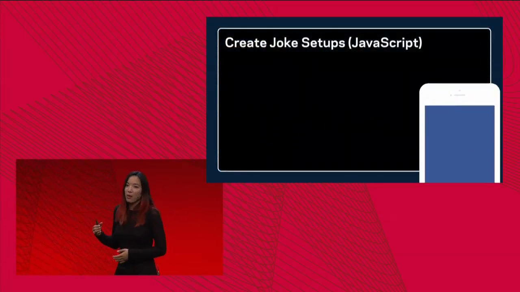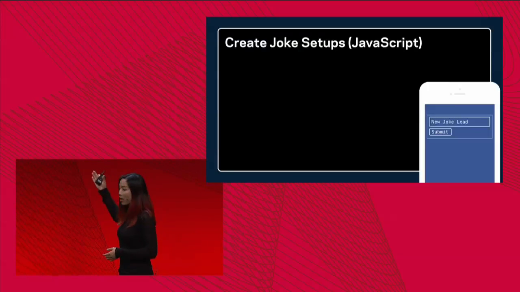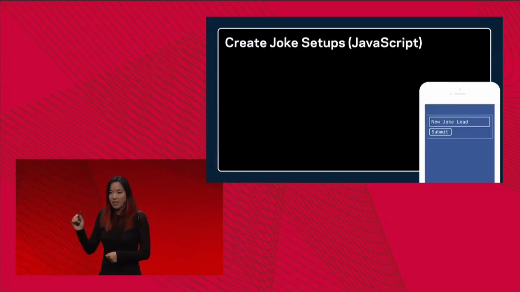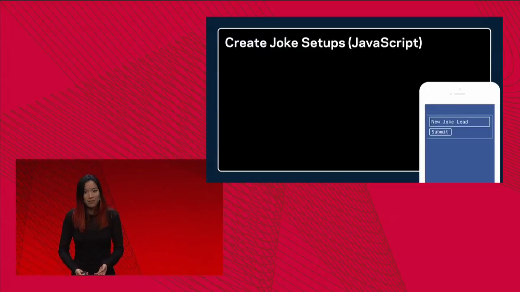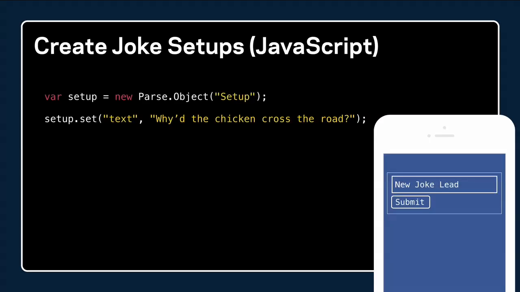Let's take a look at what our objects will look like. So we've got a setup that the user types in, and they hit submit. What happens? We initialize a Parse object and point it at the Setup class. We'll use the user-provided text, whatever joke they choose, and set the author pointer to the current user.